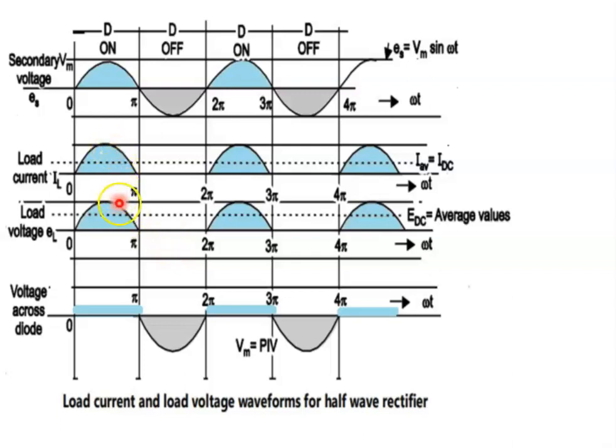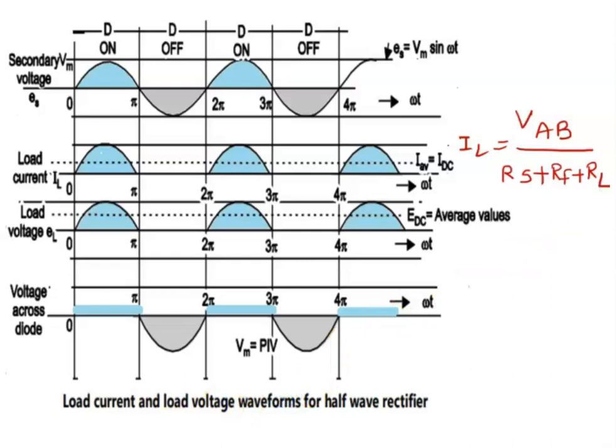Also, the IL current has the same shape as that of the load voltage, as the load is purely resistive, and IL is given by IL equals VAB, the voltage across the secondary winding of the transformer, divided by RS, that is the resistance of the secondary winding of the transformer, plus RF, the internal resistance of the diode, plus RL, the load resistance.